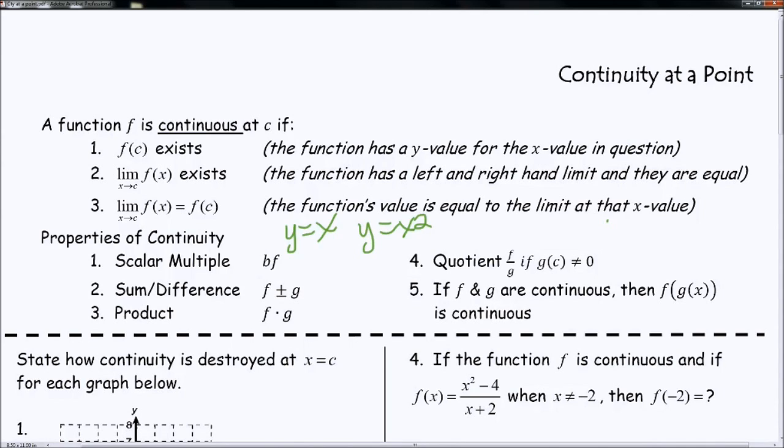If I have f divided by g, which is x divided by x squared, this is true only at values assuming that my c is not located at a vertical asymptote or a hole. If you remember, in order to create a vertical asymptote, my denominator has to be equal to 0. So as long as c does not make my denominator equal to 0, I'm good.